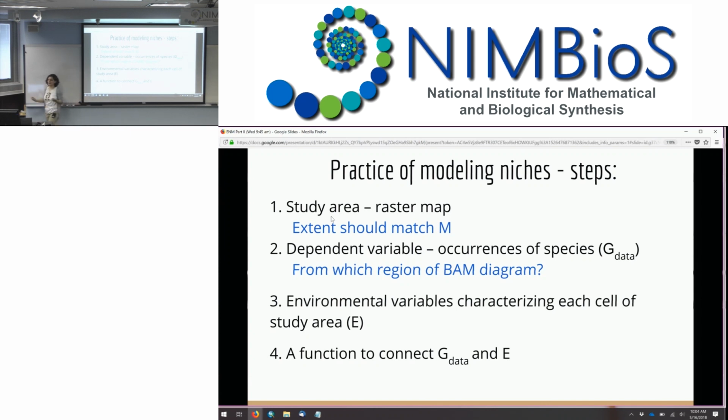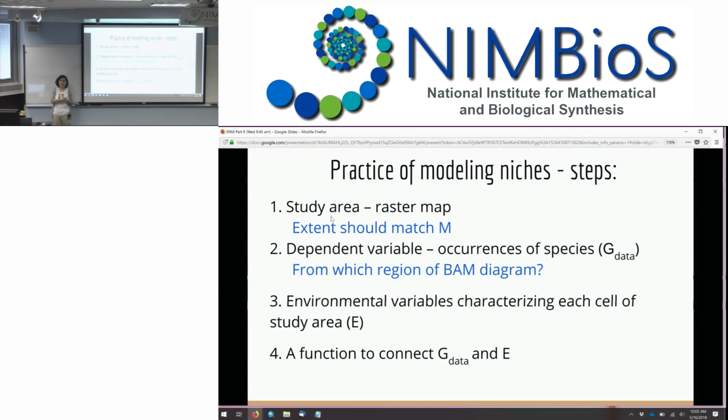Then the dependent variables. The dependent variable is obviously species presence data. But think again back at the BAM diagram, where are these presence data coming from? Are these presence data coming from the occupied area, the intersection, the perfect storm of B, A, and M?